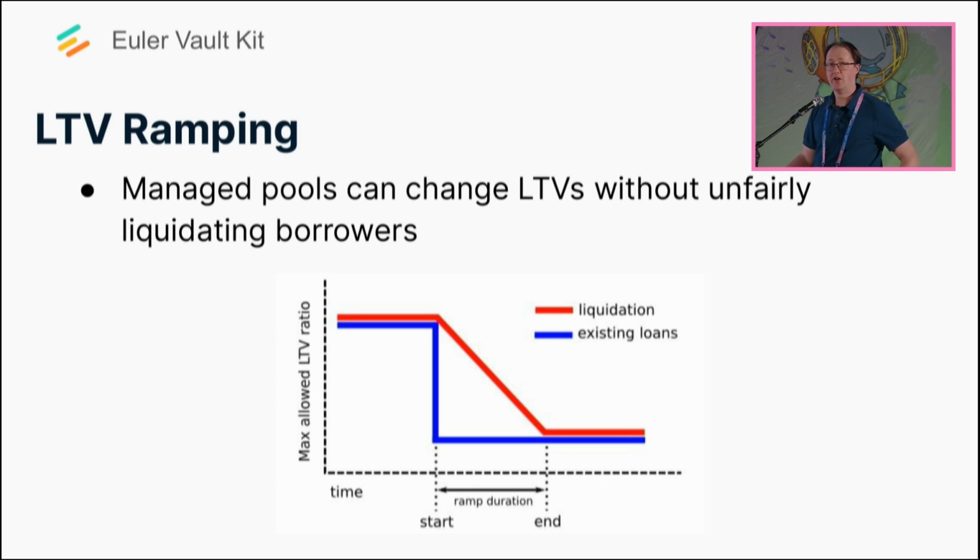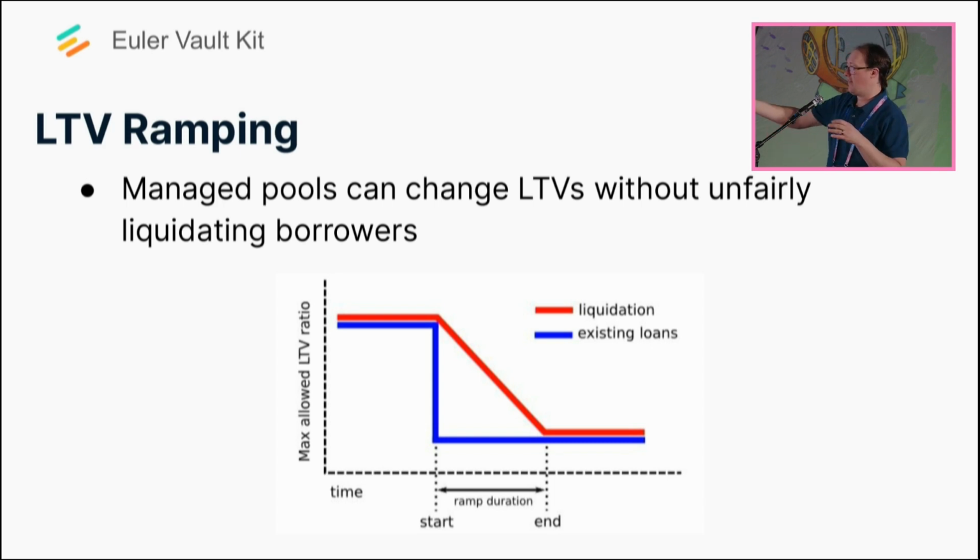Because they're deeply in violation. However, what we've come up with in this LTV ramping is to split the LTVs used for liquidations from the LTVs that are used for the existing loans, right? So in a managed vault, the governor can install a new LTV that will come into effect for everyone in, let's say, a month from now, right? That duration is called the ramp duration. New loans.